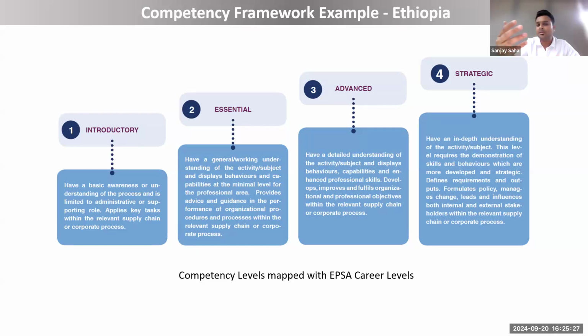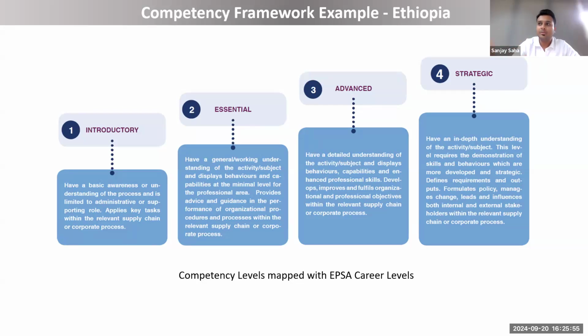With ARC ESM and People That Deliver, they worked with the federal government and some of the state governments, and they created a structure for professionalization of supply chain in Nigeria. And part of it was that eventually, once they start implementing some of it, there should be some sort of a competency based system of human resources in Nigeria, which is very similar to this work in Ethiopia.